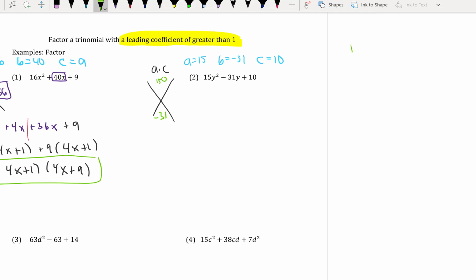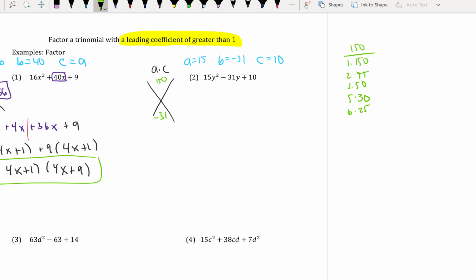So I'm going to look at all of my factors of 150. 1 times 150, 2 times 75, 3 times 50, 5 times 30, 6 times 25. Oh, and it looks like I can stop, right? What is 6 plus 25?